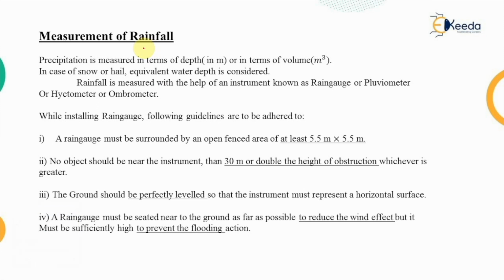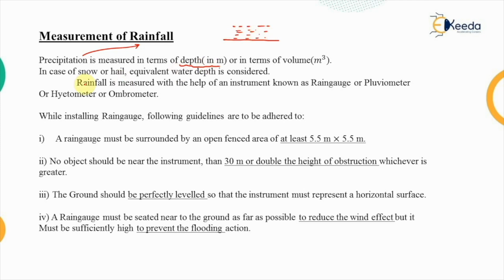When we talk about precipitation, the major form in which water reaches the earth's surface is rainfall, and that's why usually we replace the term precipitation with rainfall. Precipitation is measured in terms of depth, that means for a certain area up to what depth the water is collected.